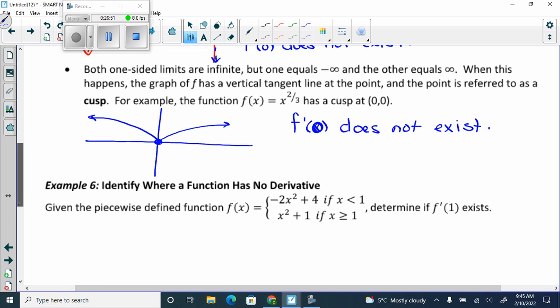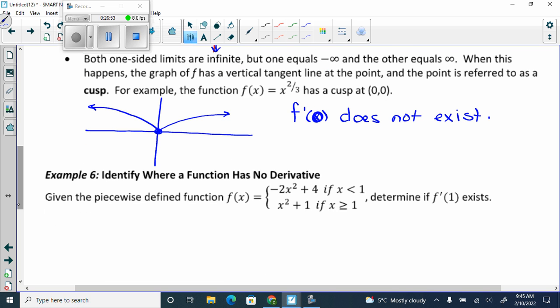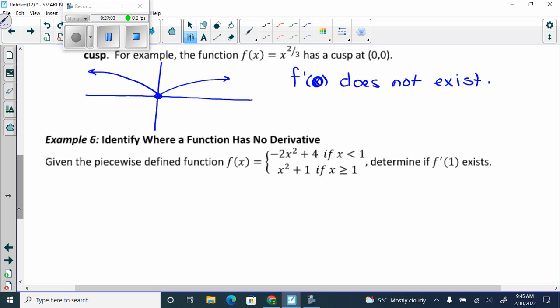So last piece. Given this piecewise function, why is there no derivative here? Let's look at it. The best way to do it is to actually sketch it. I'm going to start at 1. When I plug in 1 on the left, which gives me my left limit, I got 2.